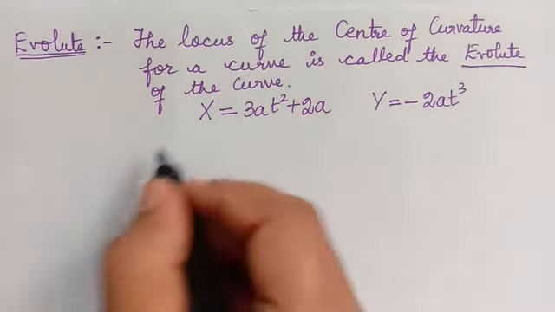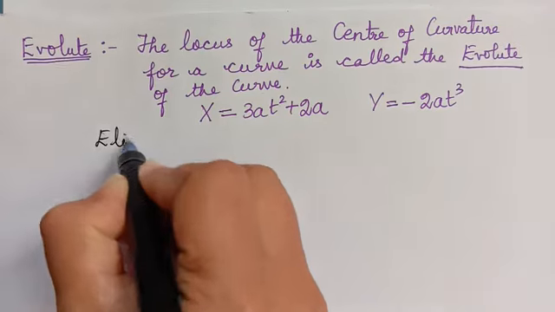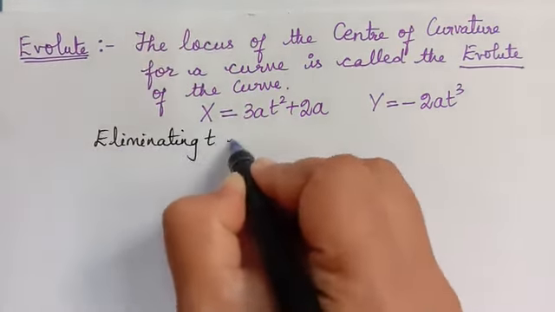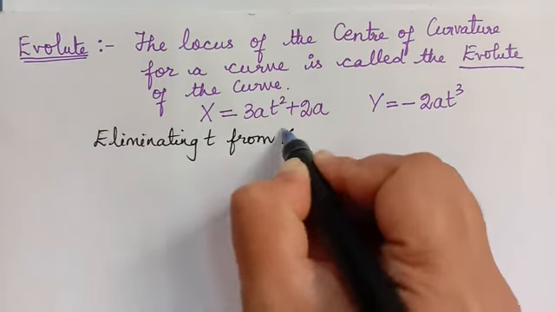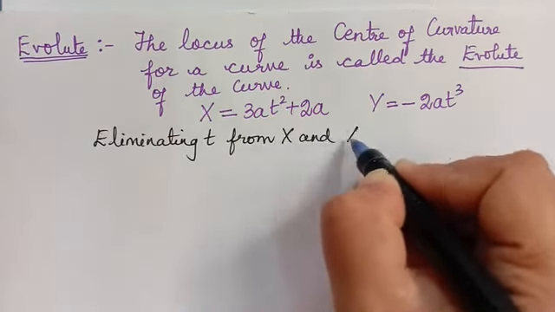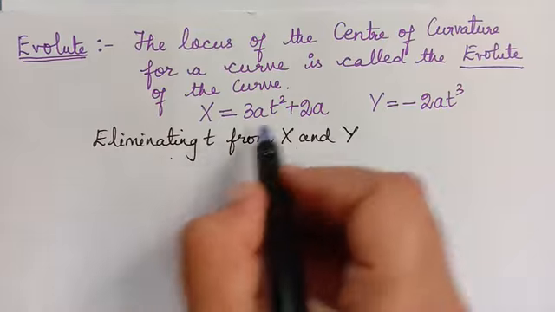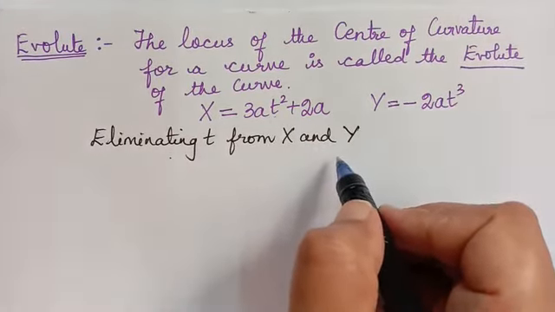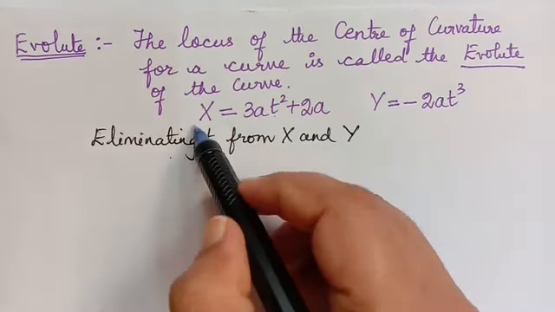Now we can find the evolute by eliminating t from x and y. So the equation of the evolute can be found by eliminating this t from x and y. How shall we do that? First we will find t in terms of x.